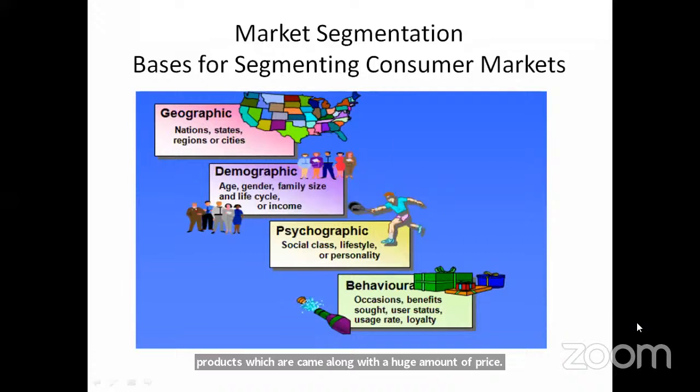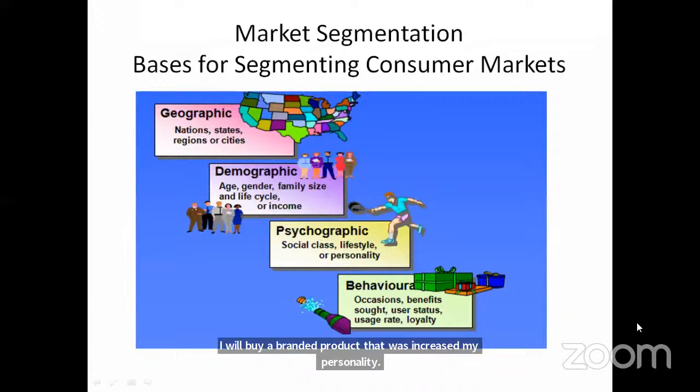So that way, and some people say that एक personality का ले लो, social class का हो गया तो personality का ले लो. Personality का क्या होता है ना, some of us like a customer think that if I buy a branded product, that will increase my personality, that will increase my style, my look.